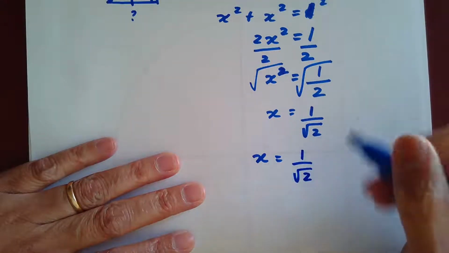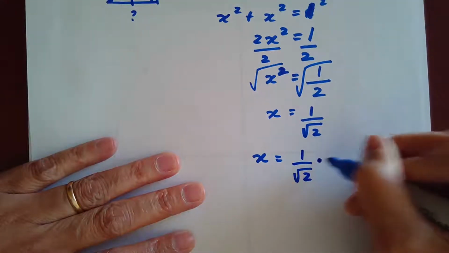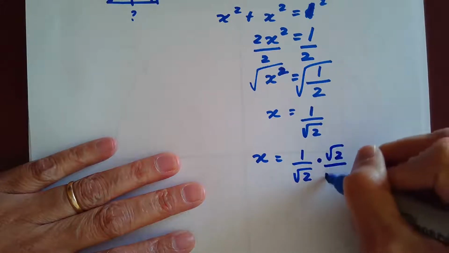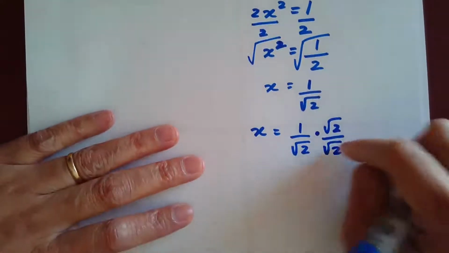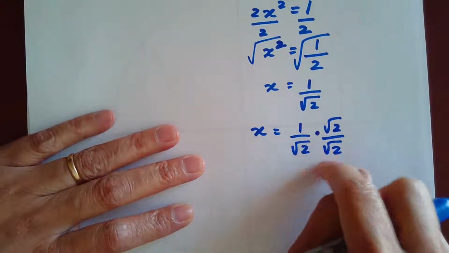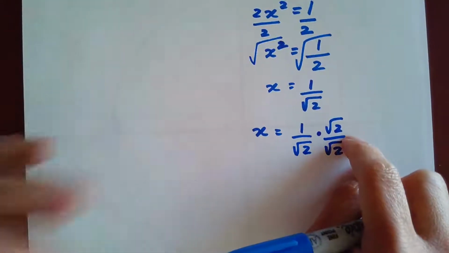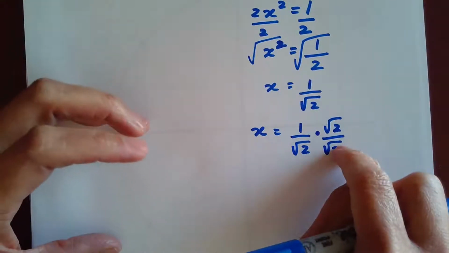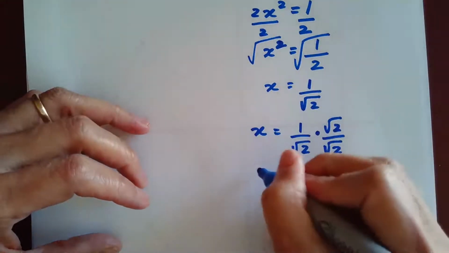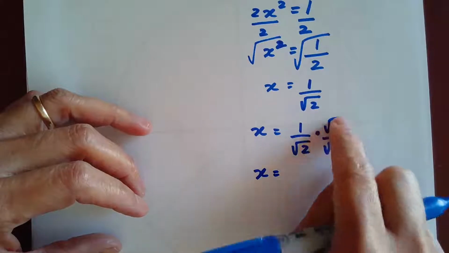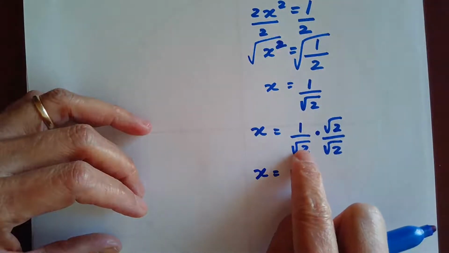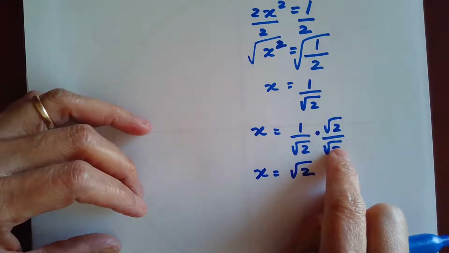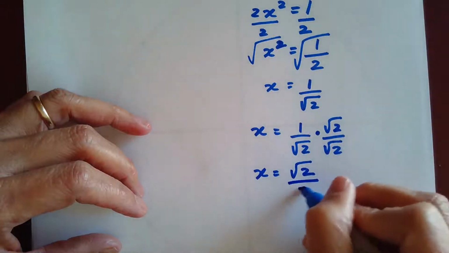This is what we started off with. What we're going to do is multiply by root 2 over root 2 on the numerator and denominator. Basically, we're multiplying by 1 in the form of root 2 over root 2. In that case, 1 times root 2 is root 2, and root 2 times root 2 gives us root 4, which is 2.